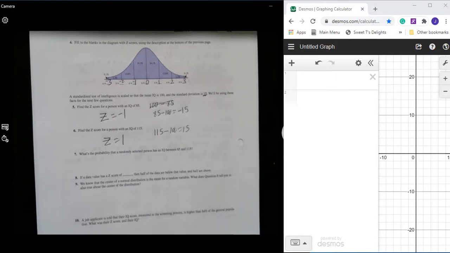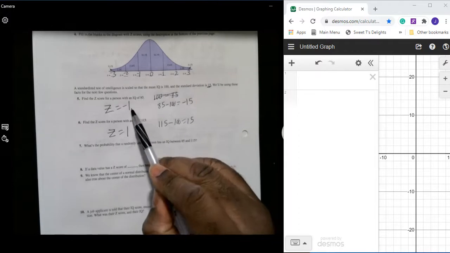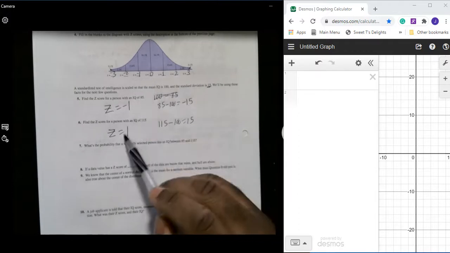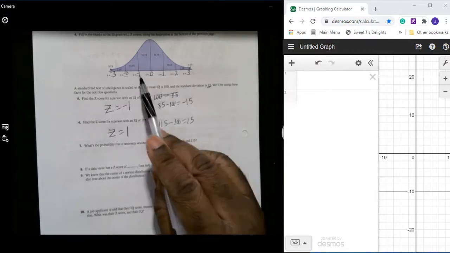Okay, number 7. What's the probability that a randomly selected person has an IQ between 85 and 115? Now, this is 85, a z-score of -1, and 115 is a z-score of 1.